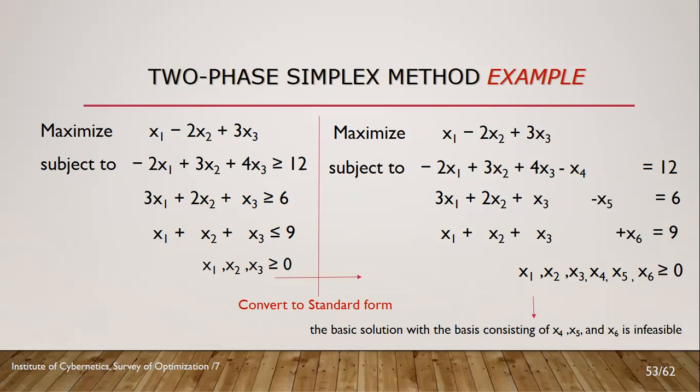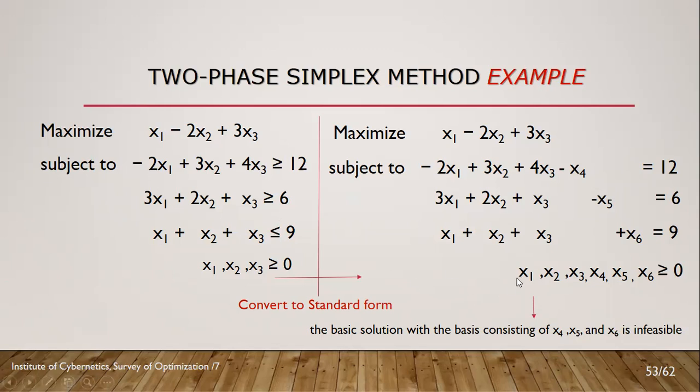According to the rules, as stated before, if it is greater than or equal, then we subtract additional variables, denoted x sub 4, x sub 5, x sub 6. Also, we subtract x sub 5 from the second constraint, and for the third constraint, as it is of less than or equal type, we add x sub 6 to this inequality in order to obtain an equation.